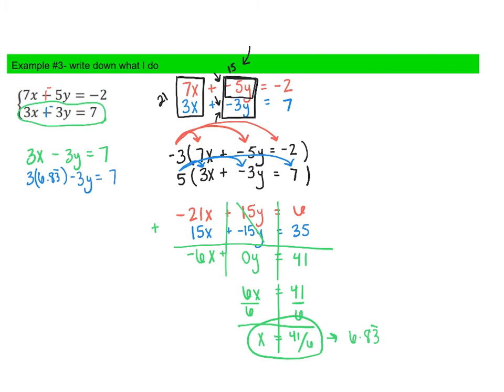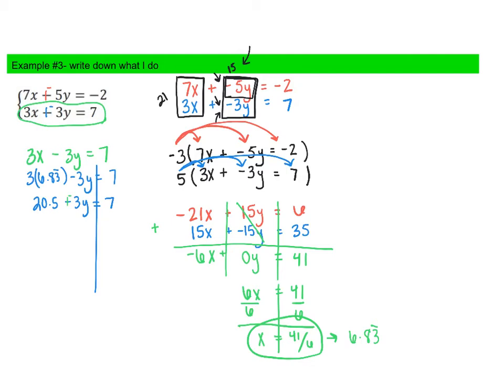Okay, and from there I'm just going to solve. 6.83 repeating times 3 is 20.5. Keep my minus 3y equals 7. Trying to get my y by itself. In order to change anything around in this equation, I got to change this to a plus negative 3y.